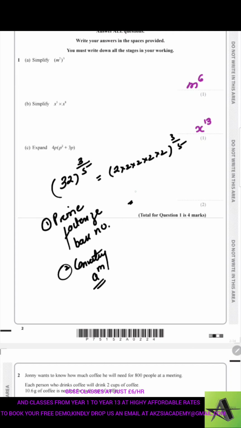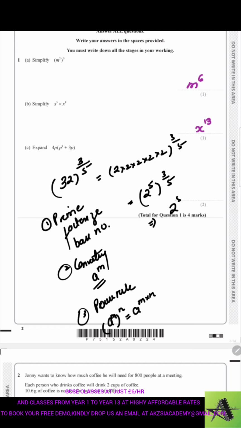Because I am multiplying 2 five times, this can be written as 2 to the power of 5. And still there is a power up there. We just saw the power rule, which says a to the power of m whole to the power of n: just multiply the powers. So I just need to multiply the powers.